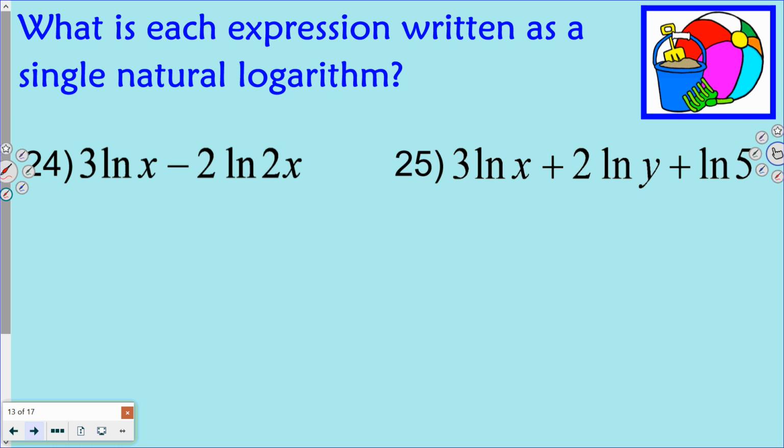All right, 24. We have that number in front. Numbers in front always are exponents. So we're going to have x cubed. The minus in between is division. Exponent in front, what does that exponent go to?